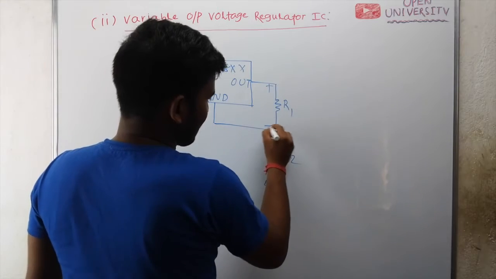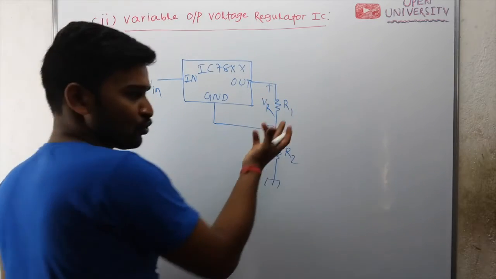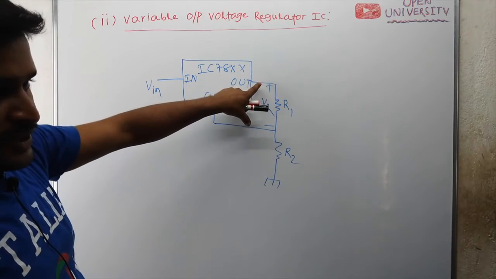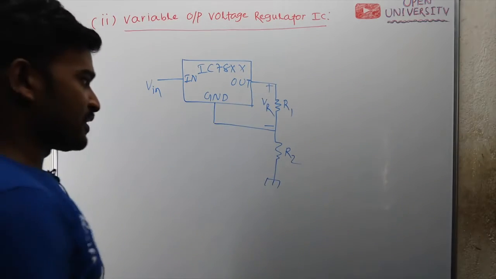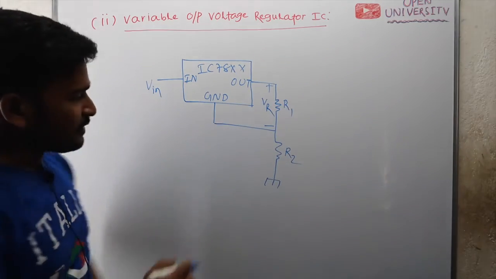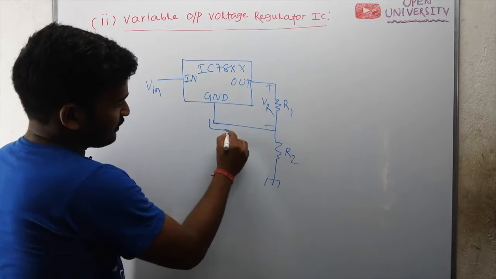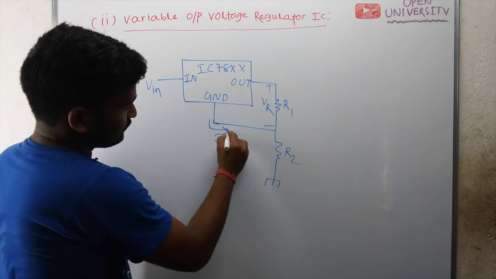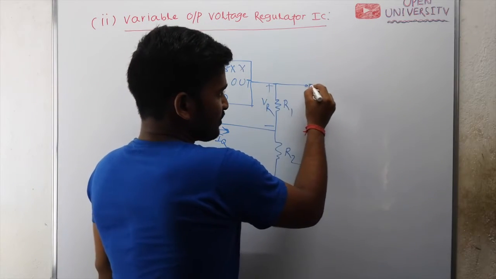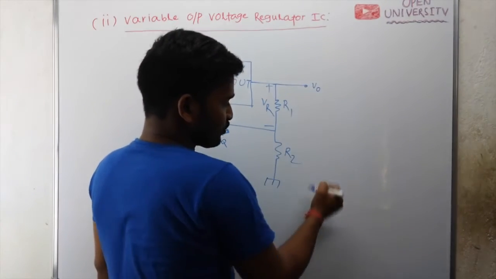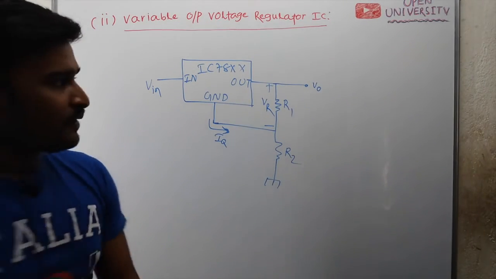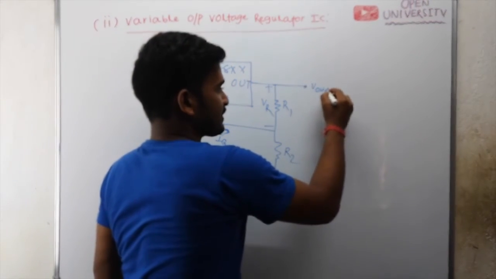The voltage appearing across this terminal is VR. You know, the output voltage of this IC is VR. This is the quiescent current IQ. Now the output voltage will be measured from this terminal with respect to ground. This is your output voltage, V out.